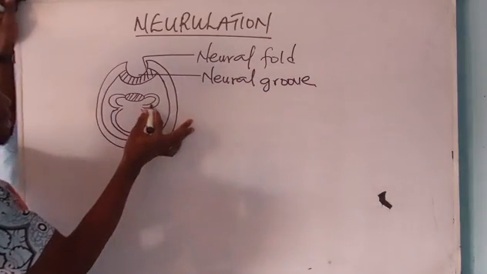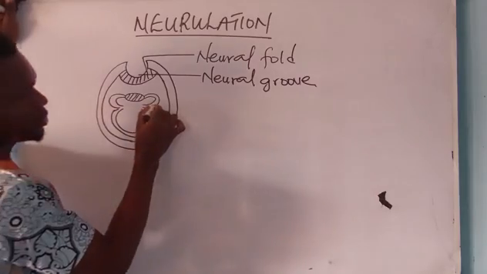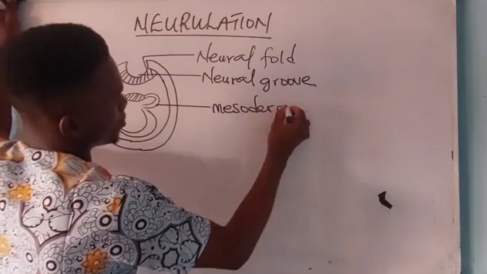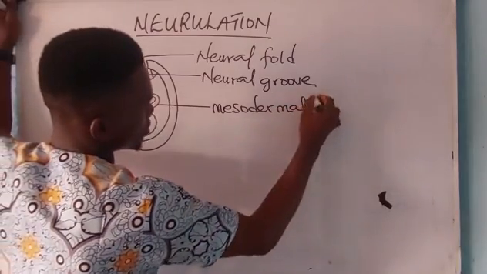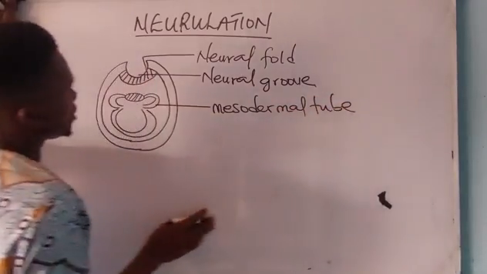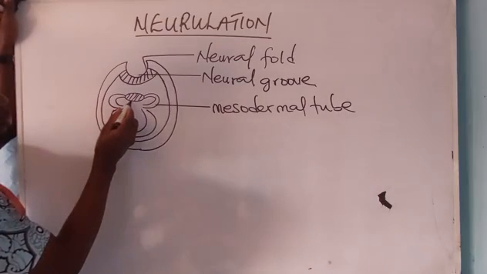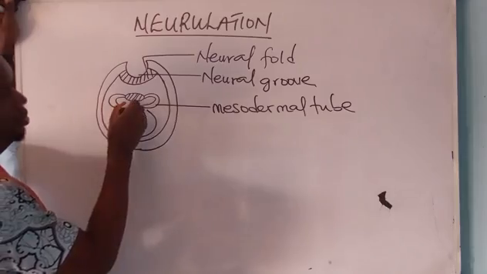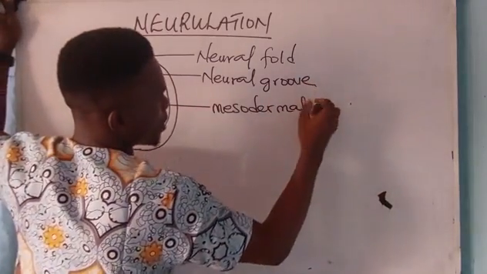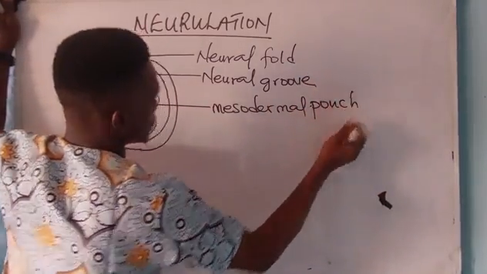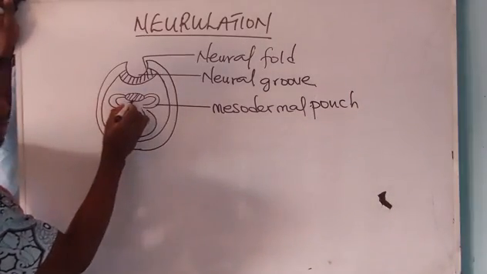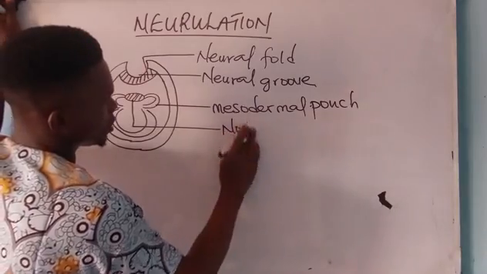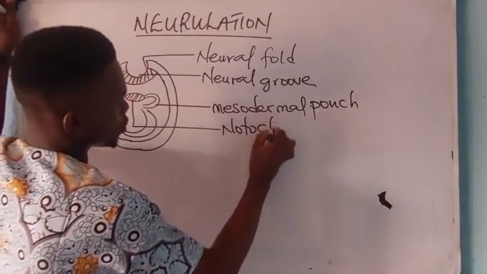Now this arm-like structure is called the mesodermal plate or tube, as the case may be. Then this middle structure, let me call it pouch, rather. Then this middle one here is called the notochord.